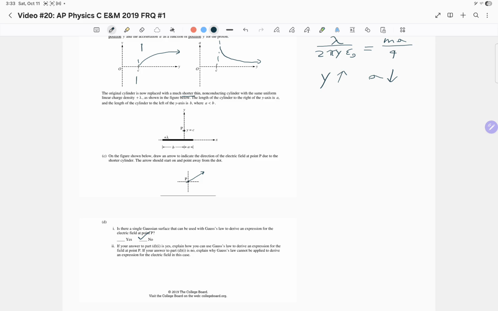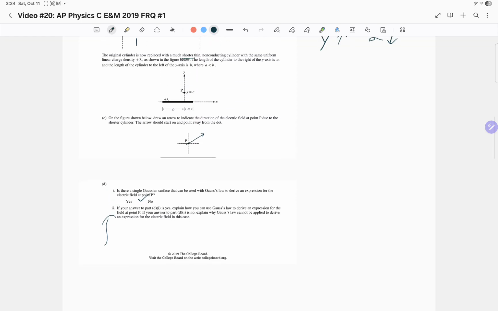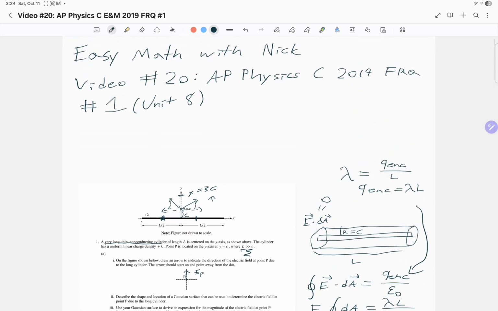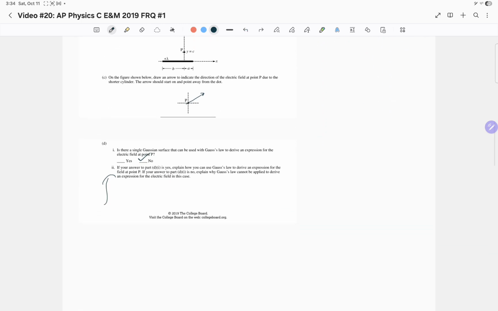It would vary, because the distance from the center of the cylinder to its surface, the radius, is no longer negligible compared to the length of the cylinder. We're no longer at a point where the length is much, much greater than that radius. So we can't say anymore that the electric field would be constant.